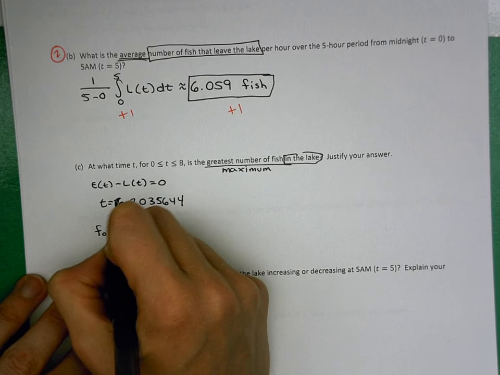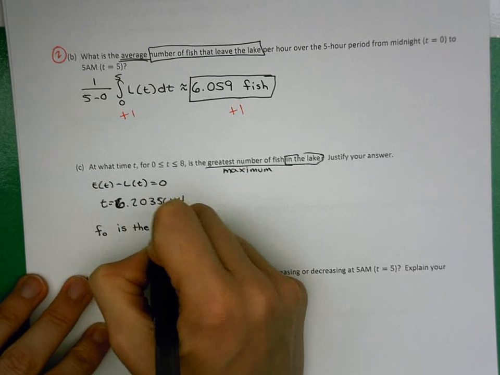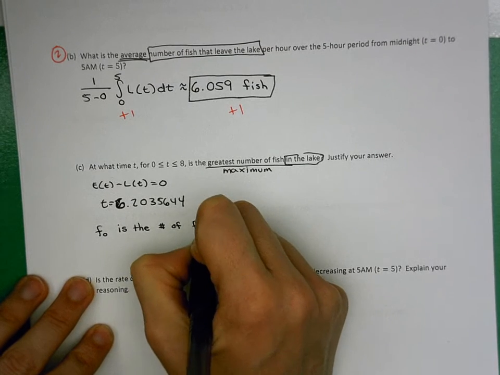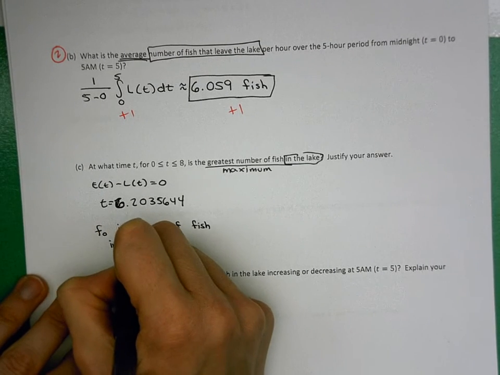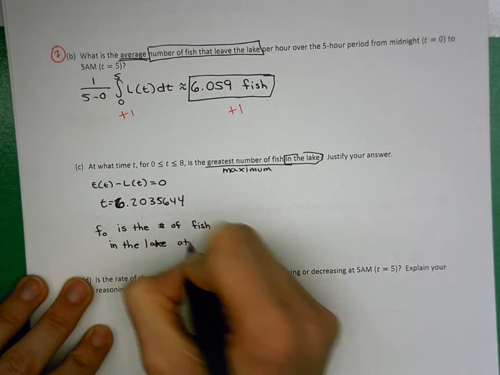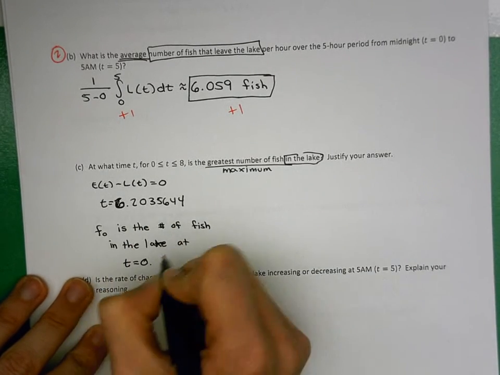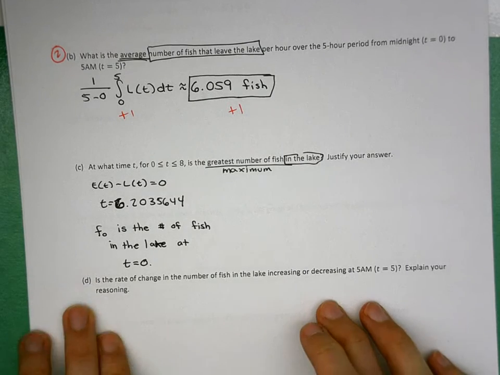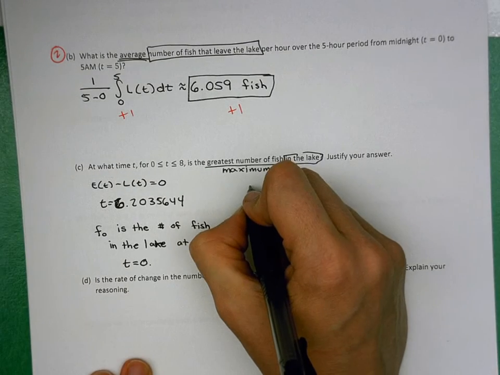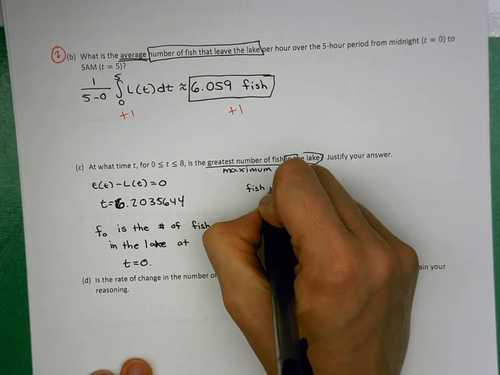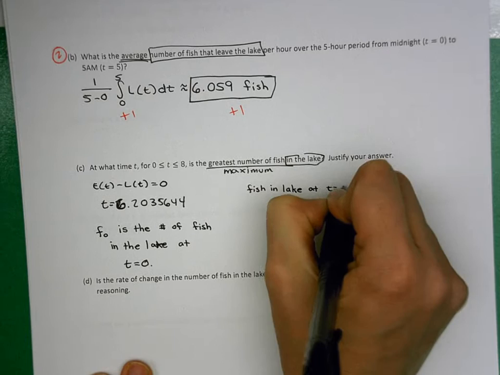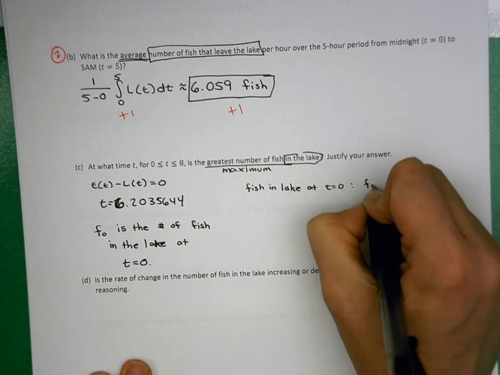F naught is the number of fish in the lake at t equals 0. Okay? So plugging them in, fish in lake at t equals 0 is F naught.